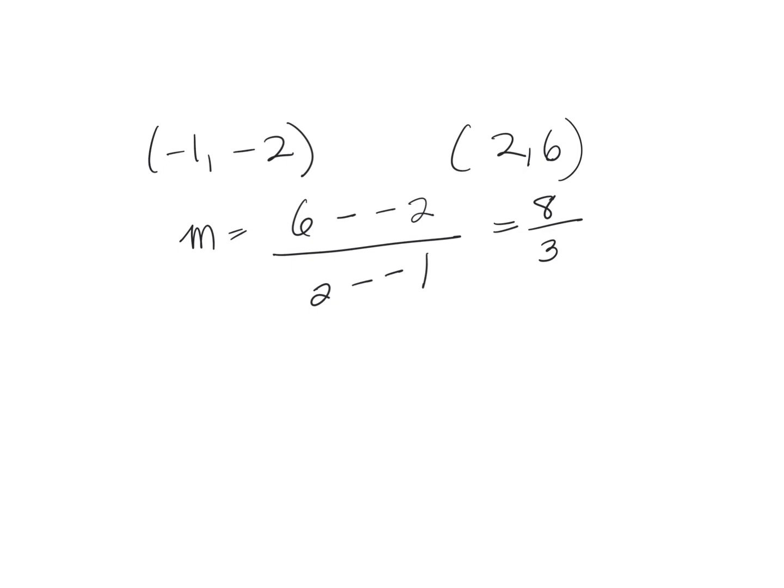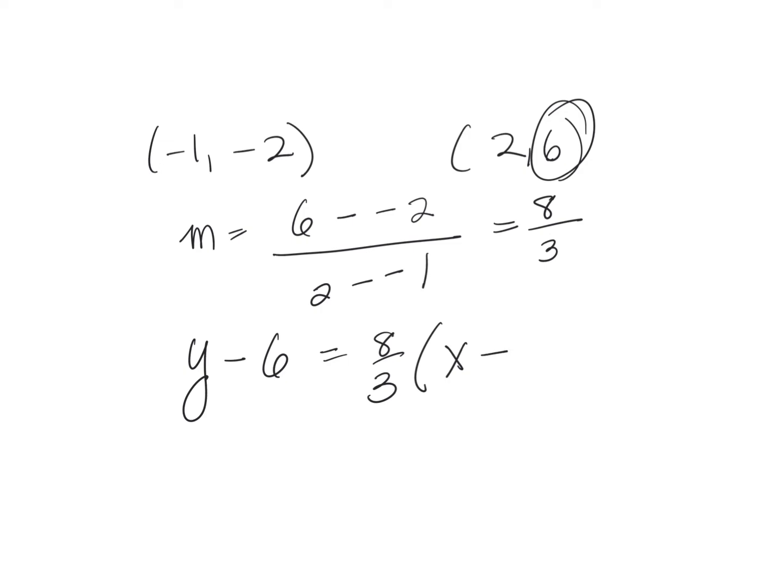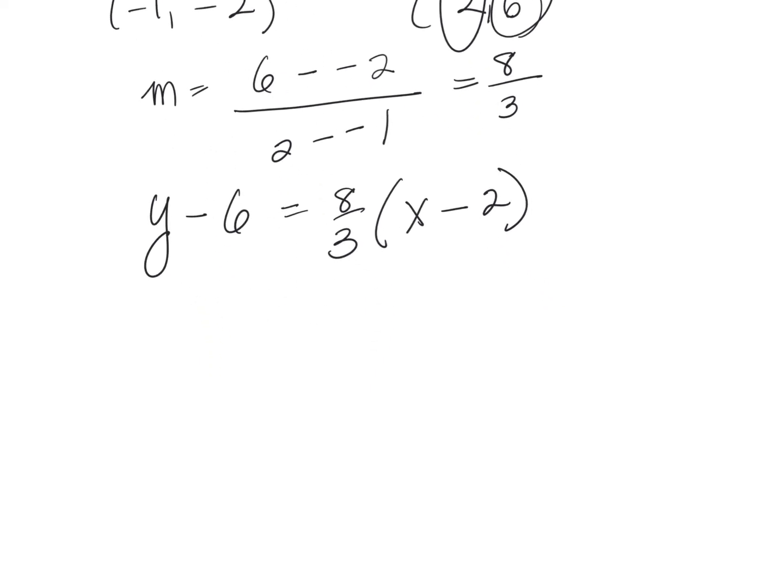There's my slope. And then for my line, I'd go y minus my y point, it doesn't matter which one I choose, equals 8/3 times x minus, I do have to use the same one that I chose for the first one, 2. So this would be the equation for my line.